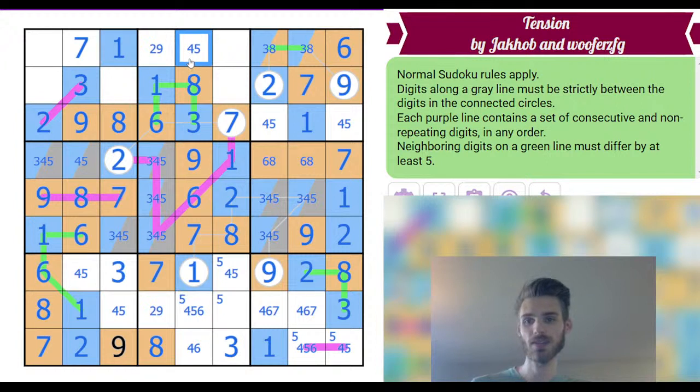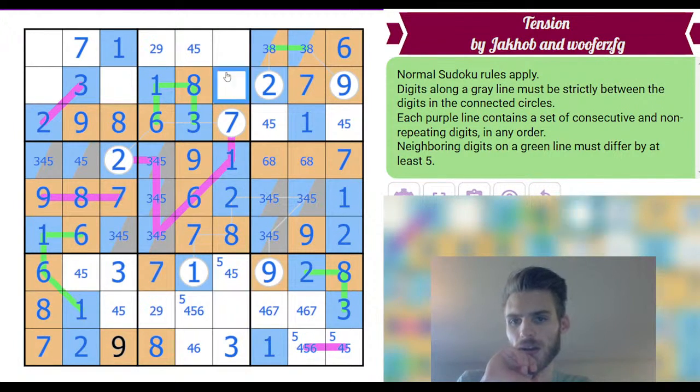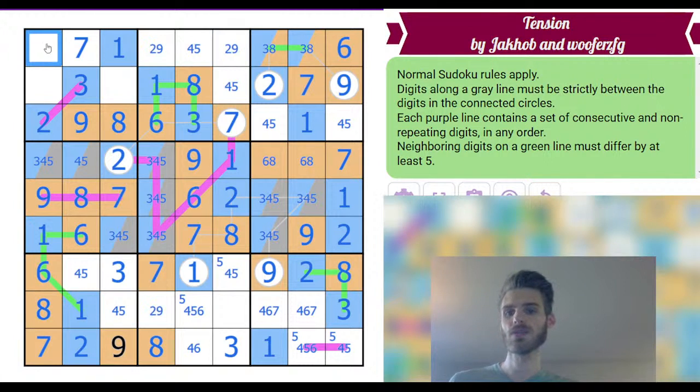That's not a 6. So there's a 4 or 5 in here, which means there's no 5 there. This can't be 2 or 9, so that is 4 or 5. So this digit is also 4 or 5. This digit's also 4 or 5, so that one's a 3, which we could have gotten by Sudoku, but, you know, long way around.